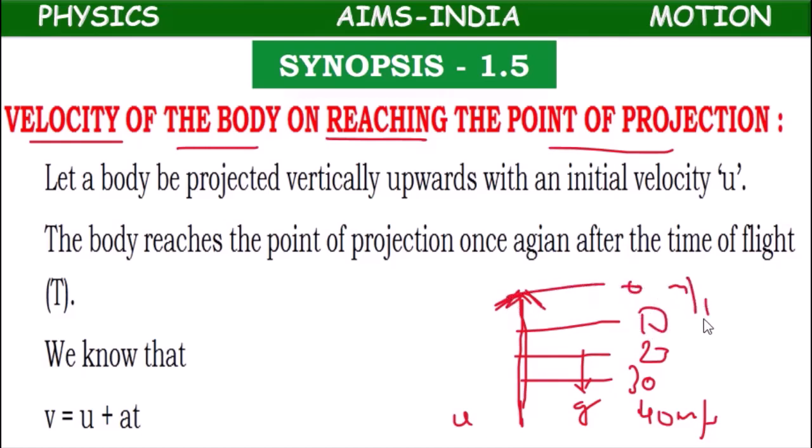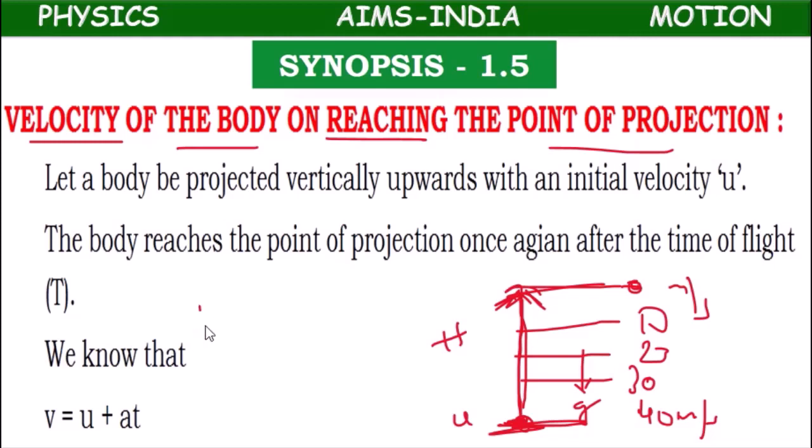This is the point of projection, from where we have thrown the object. From the point of projection, up to a certain height it will travel and its velocity will become 0. This height is called H max, the maximum height.